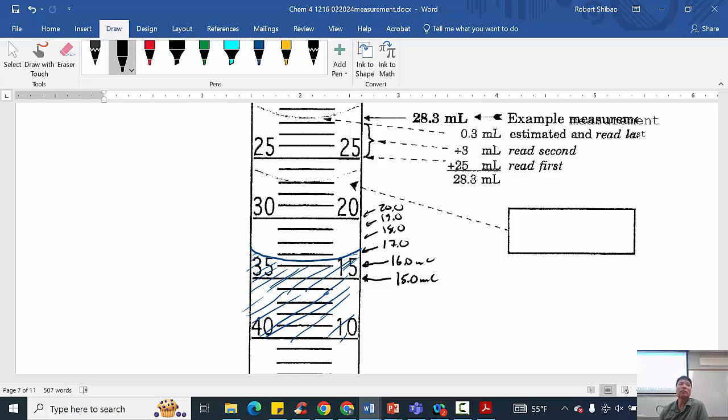What I want to do, though, is take an accurate and as precise of a measurement as possible, but we don't know the accuracy of this, so I'm just going to try to take as precise of a measurement as possible. When I take a precise measurement, I want to make sure my eye is level with what we call the meniscus. And I'm going to measure it from the bottom here.